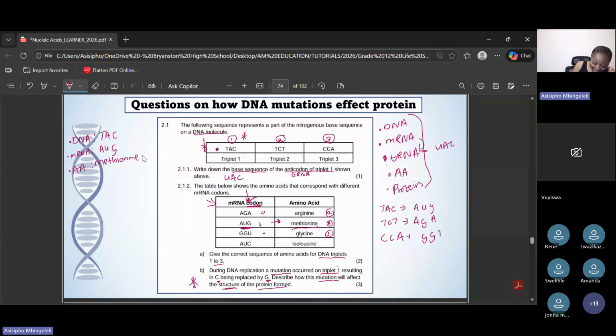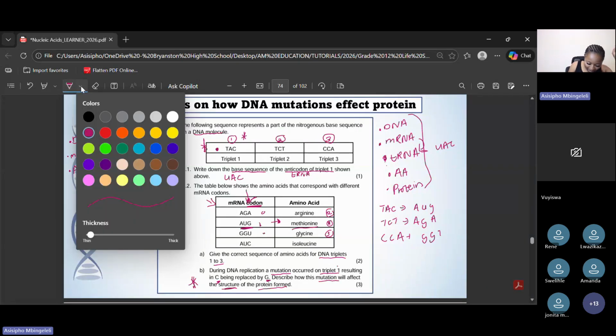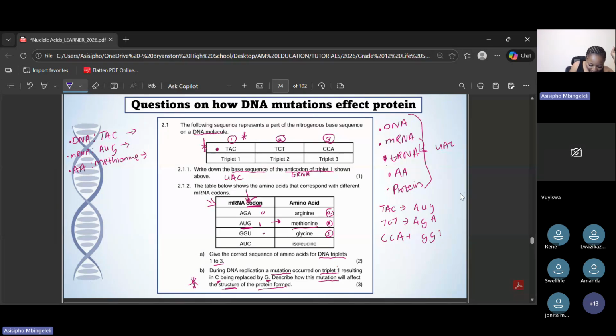Okay, then remember there's a change that happened. There was a mutation that happened. What did they say? TAC, the C got replaced by G. I am going to change my color just to show the difference here. So remember you have TAC, but then they're saying the C got replaced by a G. That means the base that you end up having is TAG.